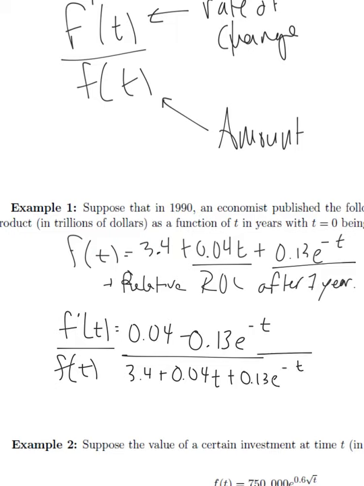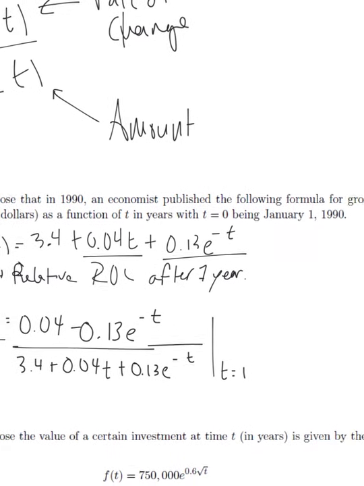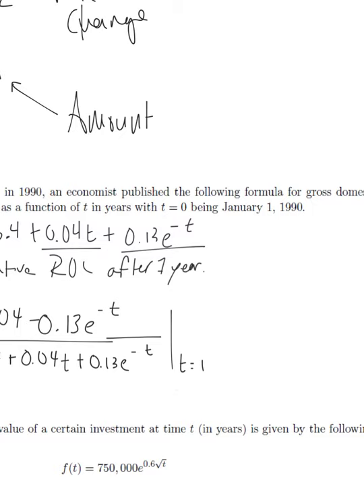All right, with all of that, if I want to find the relative rate of change, in this case after 1 year, I would just plug in t equals 1. Let me retry that. T equals 1. All right, use your nice fancy calculator to figure this all out.